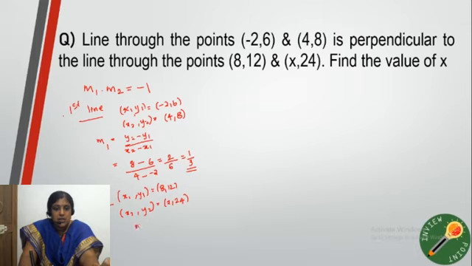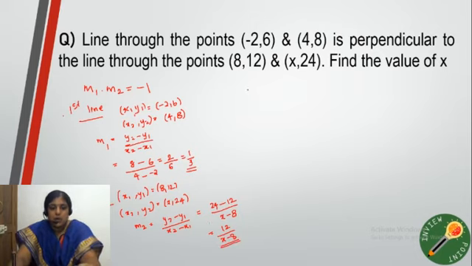So the slope of the line m2 is y2 minus y1 by x2 minus x1, that is 24 minus 12 divided by x minus 8. 24 minus 12 is 12, so 12 divided by x minus 8. This is the value of m2, the second slope.